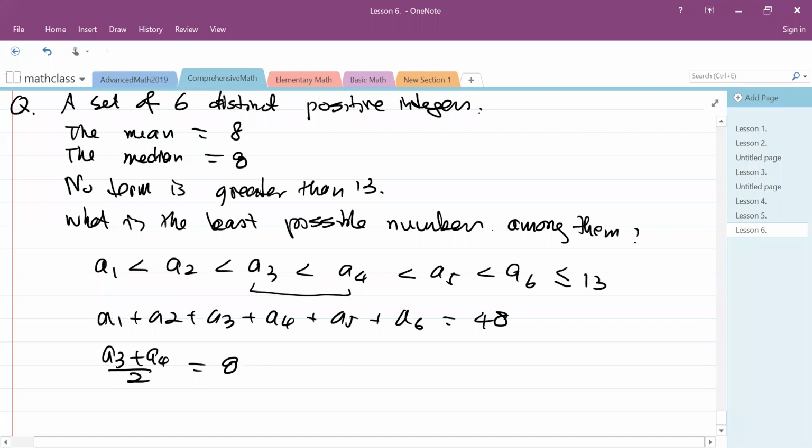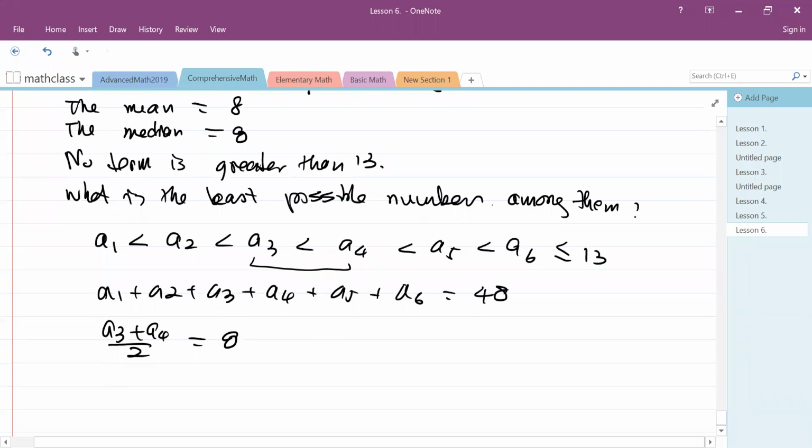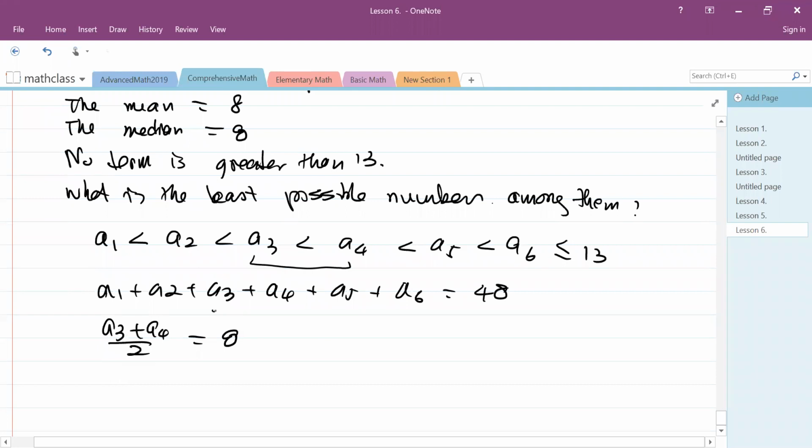So one number is larger than 8, another number is smaller than 8. So add them together. Using those conditions, I want to make A1, A2 as small as possible, so A3 plus A4 is going to be 16, right?